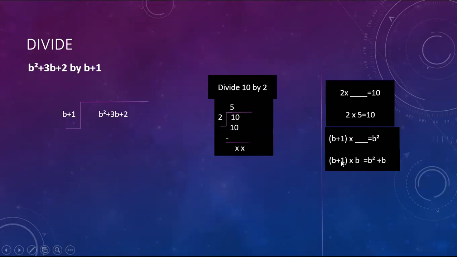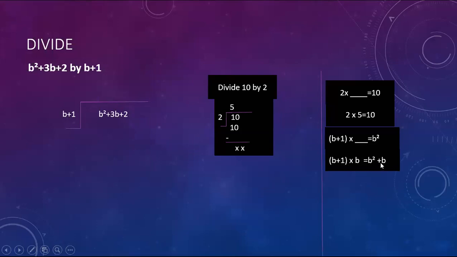But here, plus 1 is also there. So when b is multiplied with b, we get b square. And here plus 1 is also there. So plus 1 multiplied with b, that means b ones are b. b into 1 is b. First we multiplied b into b. b into b is b square.